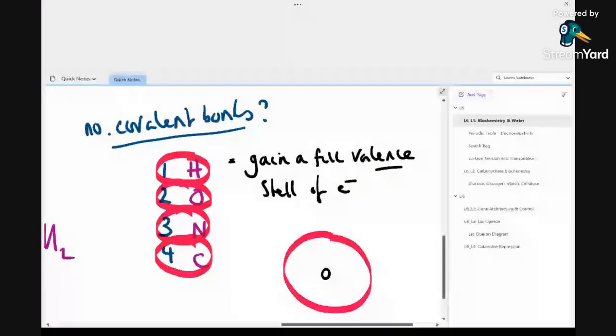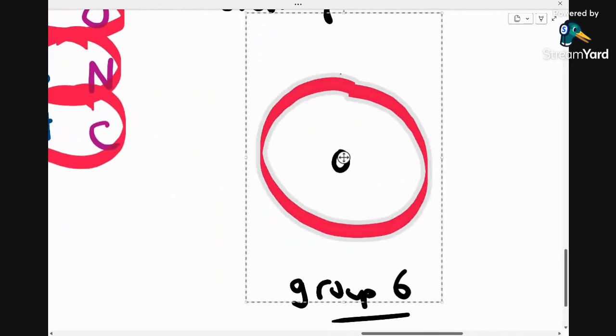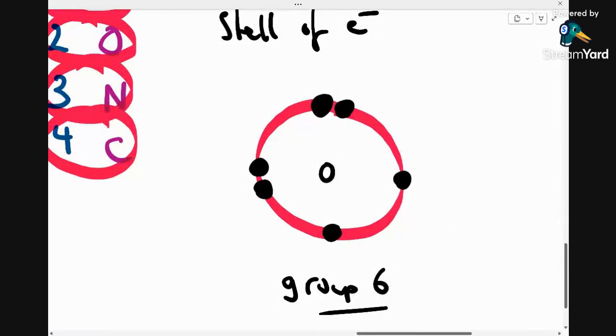So if I go back to this, it's in group 6. So I'm going to put 6 electrons in the outer shell that belong to oxygen. So let's do them as dots. So I'm going to put 1 here, 2 here, 3, 4, 5, 6. Don't forget to put them singly first, and then we start to pair up.